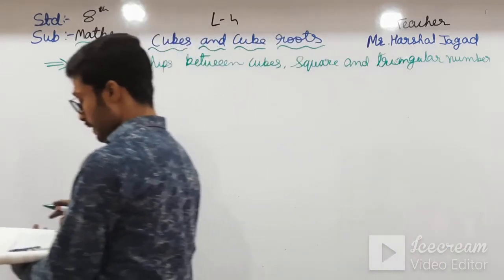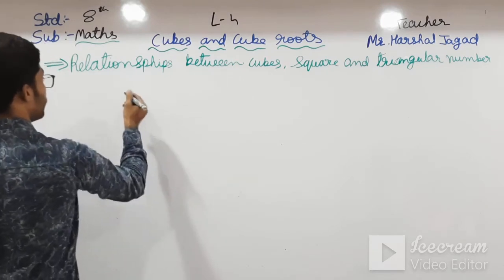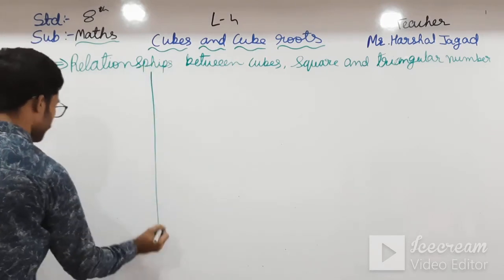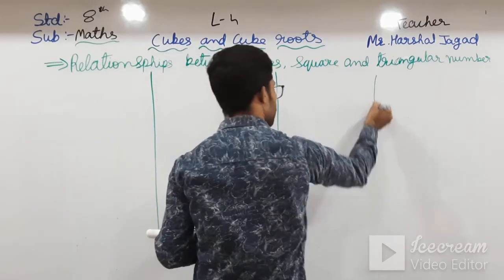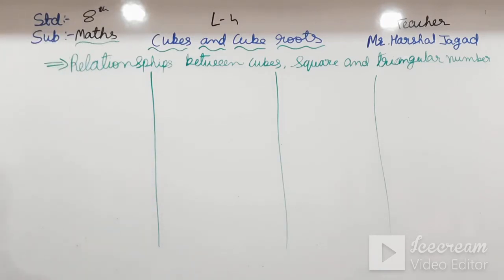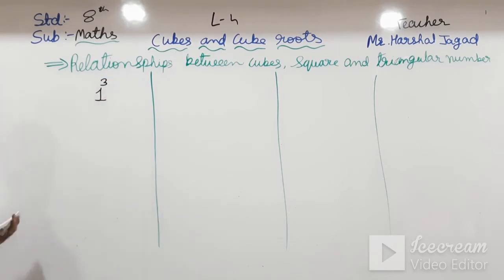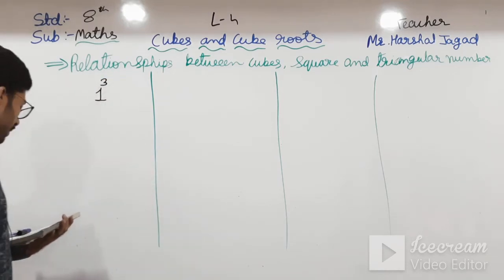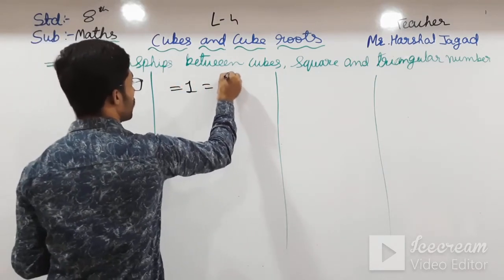Okay, students. So let us see, what is the relationship between these numbers? See here, if we take 1 cube, then 1 is equal to 1 square.